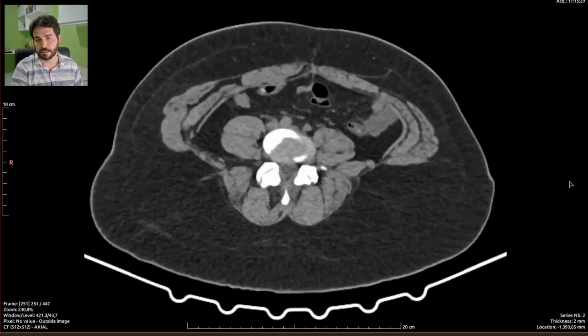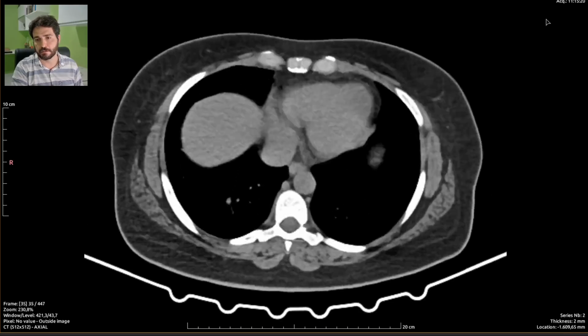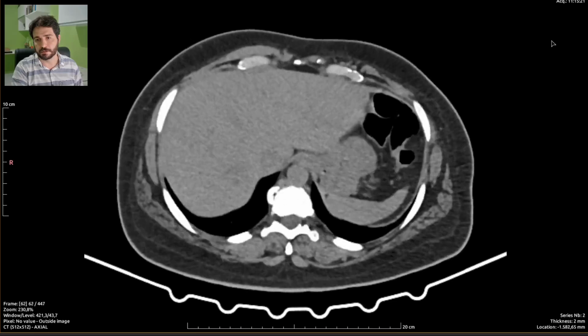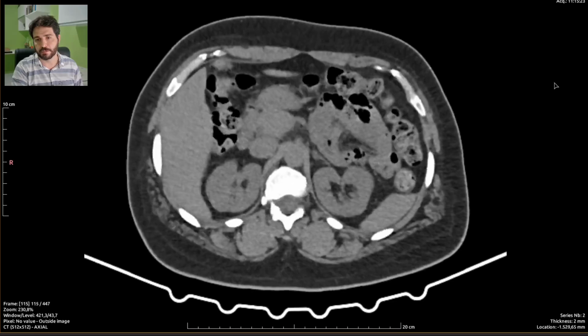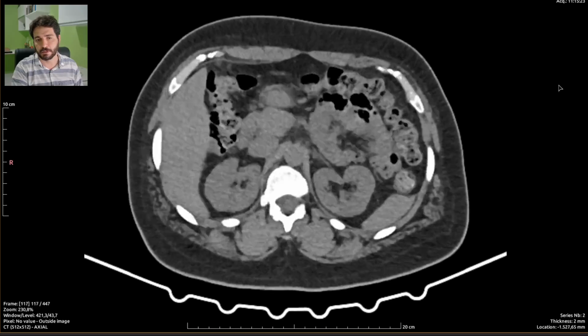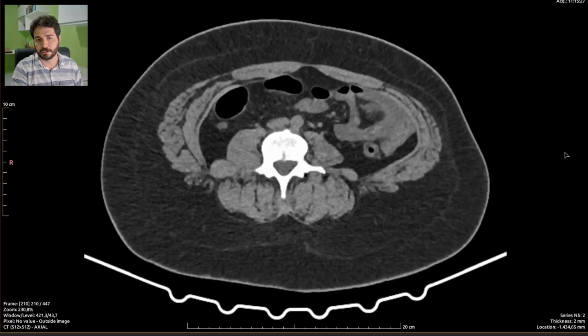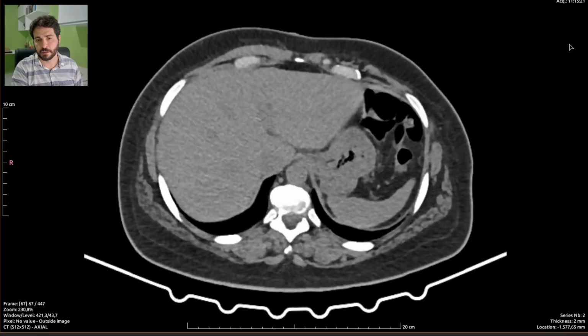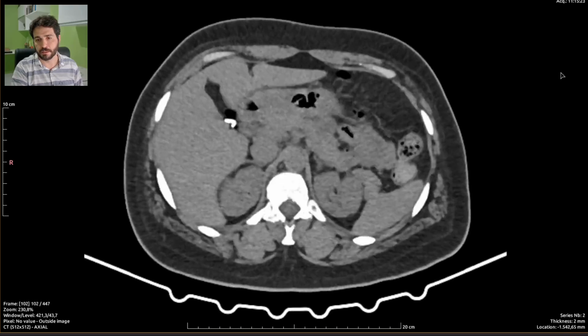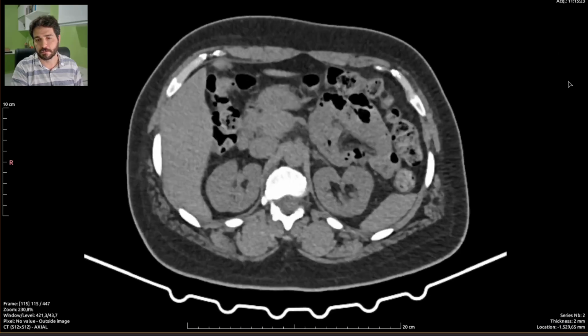So this is an elongated colon, which is very common in female patients that complain about difficulties to defecate.